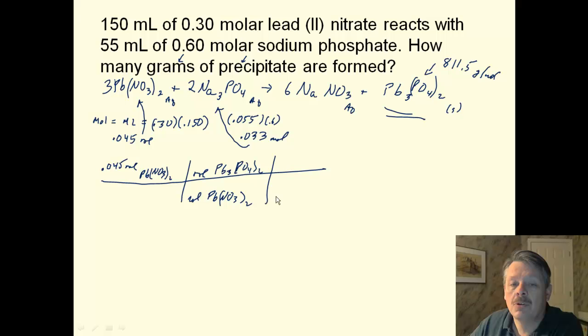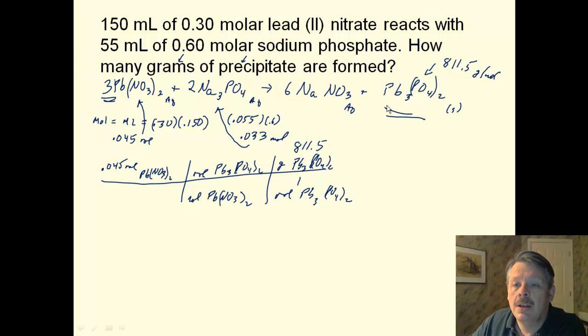Nope, I have to go to grams, so I have to go from moles of Pb3(PO4)2 to grams of Pb3(PO4)2. Okay, well I can see that that's 811.5 grams in a mole, and my relationship between lead nitrate and lead phosphate is 3 to 1. So I put a 3 there and a 1 there, and I multiply this out, and I get 12 grams.